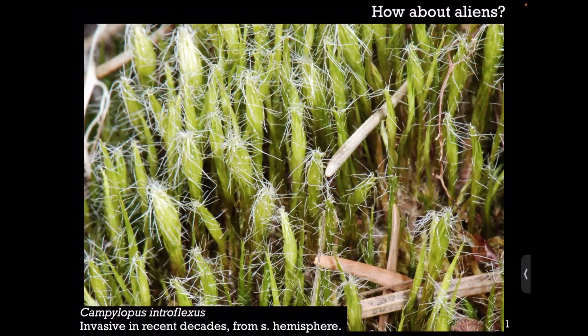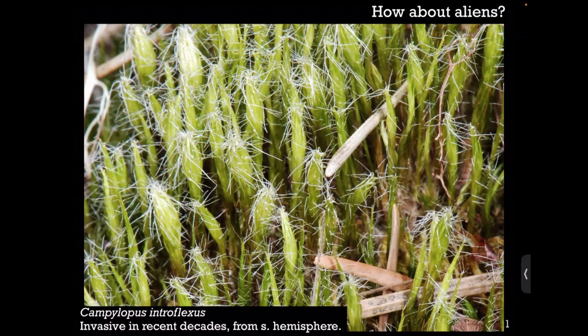How about aliens? Yeah, we have some aliens. So here's Campylopus introflexus. And when I was a wee lad in southern Humboldt County, this was essentially an unknown plant. The only places it was known from were places around Humboldt Bay and obviously industrial type situations. And now it's everywhere.